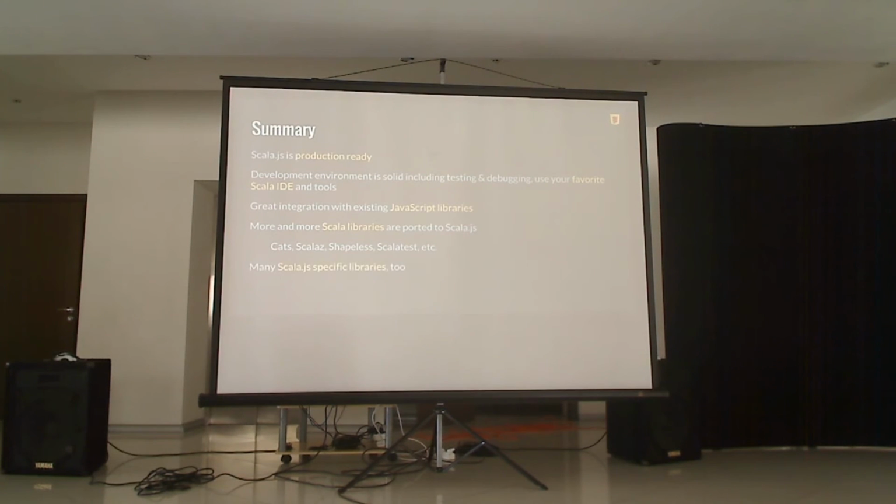And there are also a lot of libraries being built especially for Scala.js use. For example, Scalatags, uPickle, Diode, which is one of my own libraries, AutoWire, all these things. So the ecosystem is moving ahead quite nicely, and a lot of people are publishing their libraries as open source.